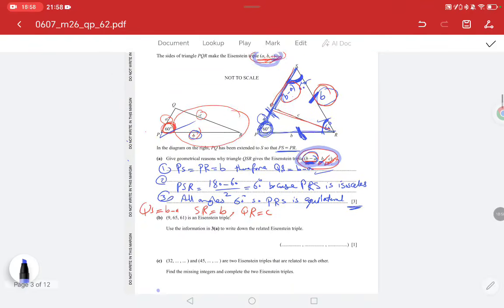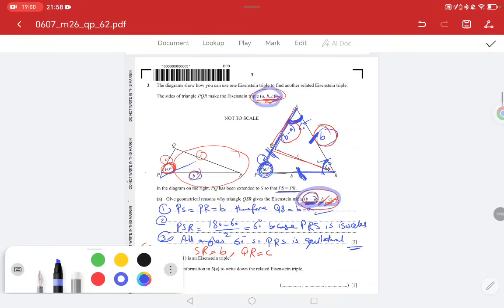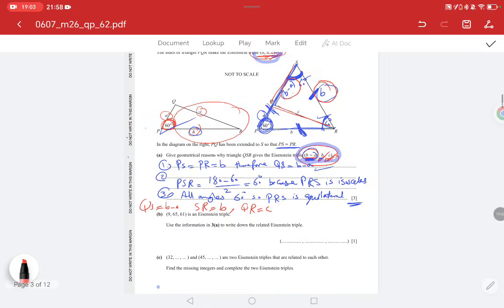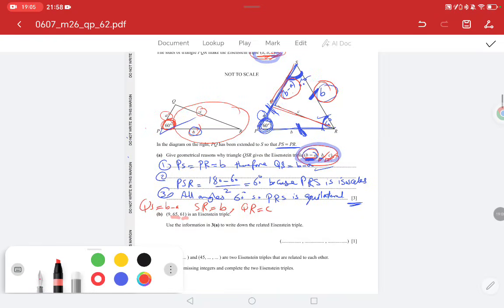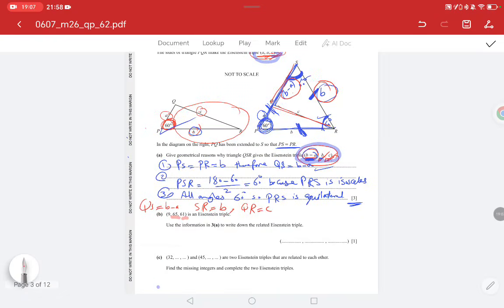So what does it mean? It means that B and C are the same. Okay, so I will write the same. So this one 65, this one 61. Okay, but what's this 9?